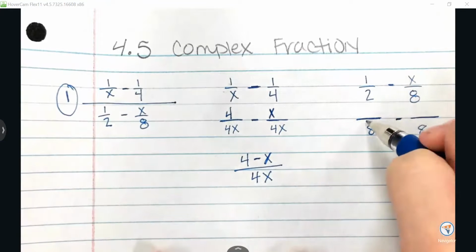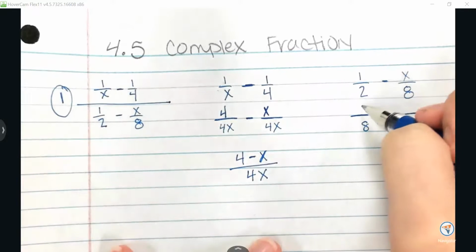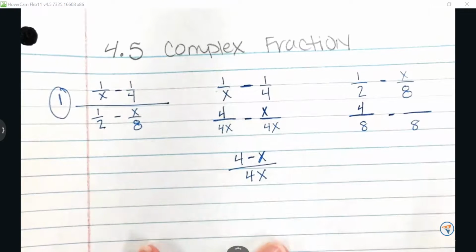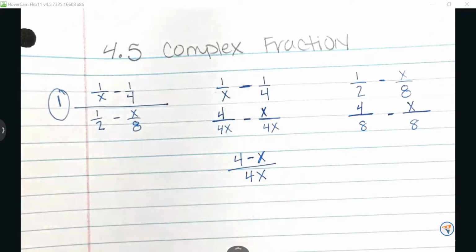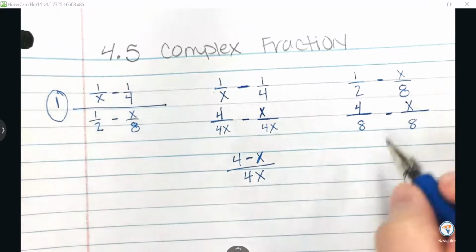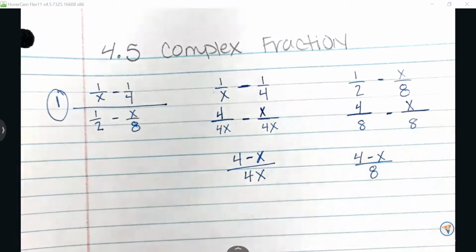I had to times 4, so I have to multiply the top by 4. So 1 times 4 is 4. And then the 8 stays the same. This is just coincidence right now that they are exactly the same. It's not always going to be that, okay?